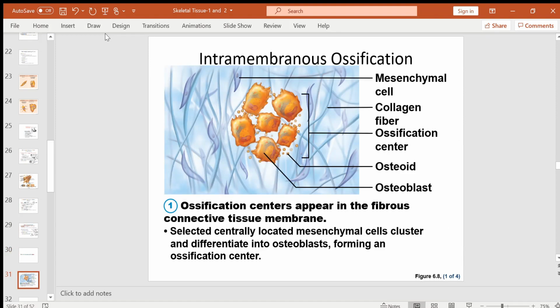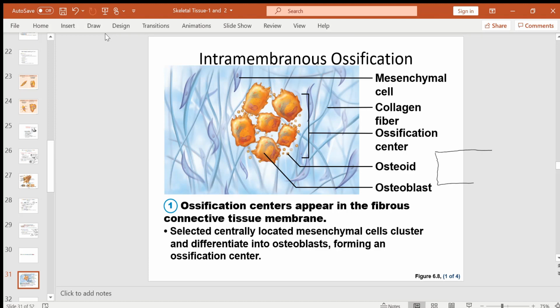Okay, now I'll briefly explain how some bones are formed from membrane by intramembranous ossification. So let's draw a membrane.